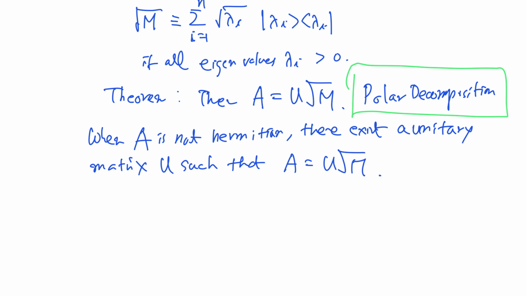The procedure is very simple. From M, you can build lambda i and normalized eigenvectors psi i.